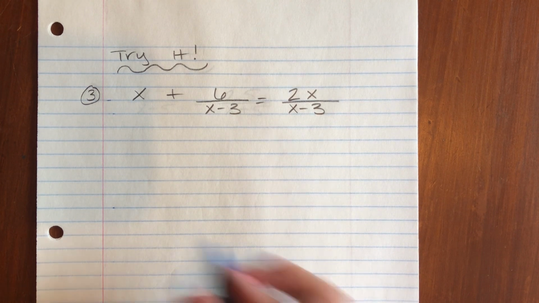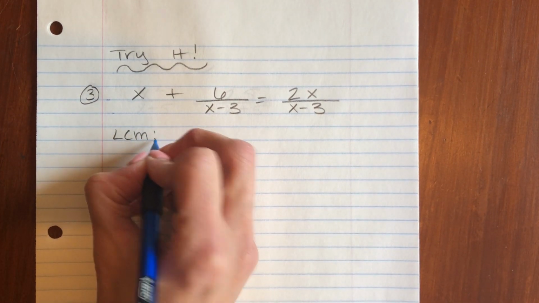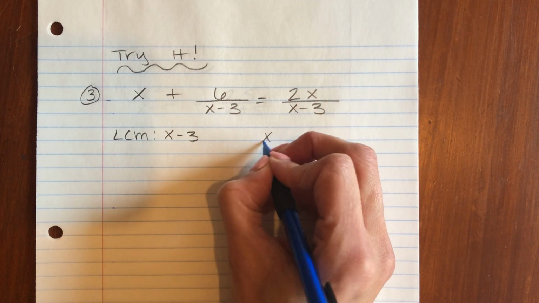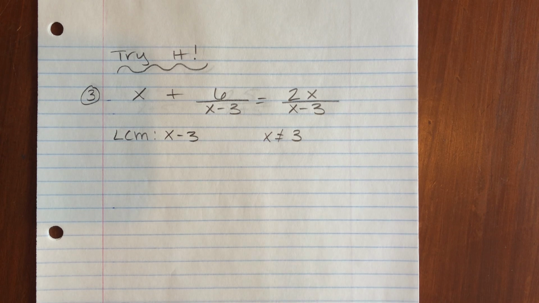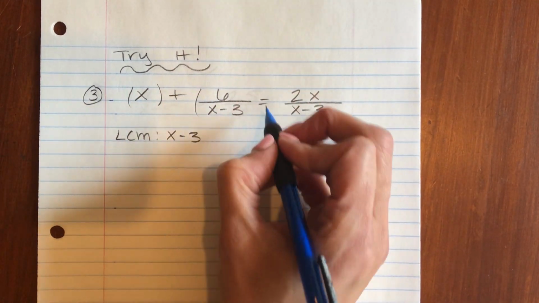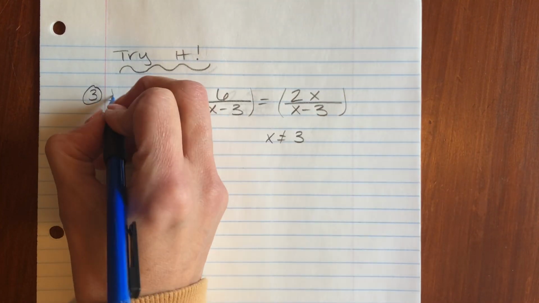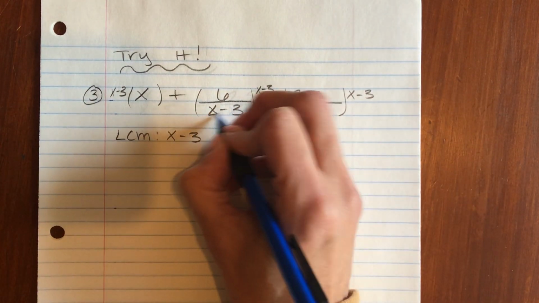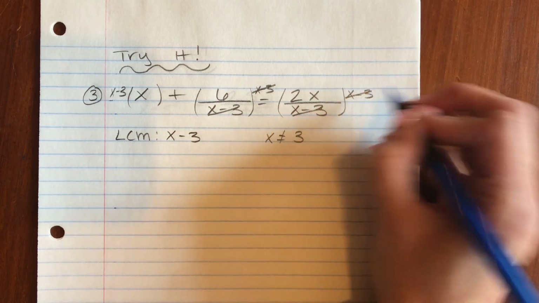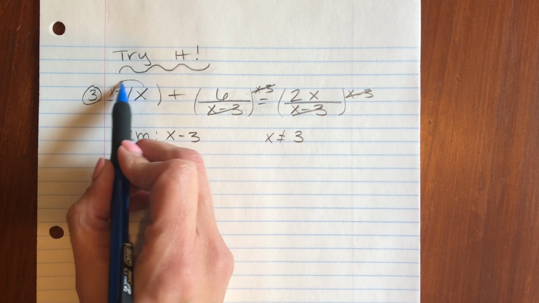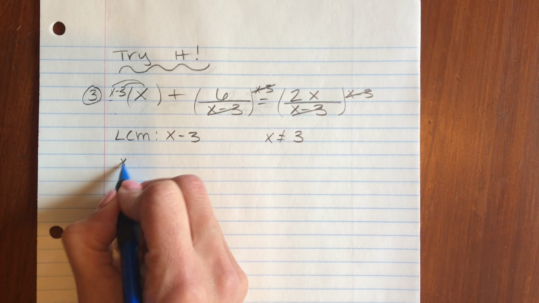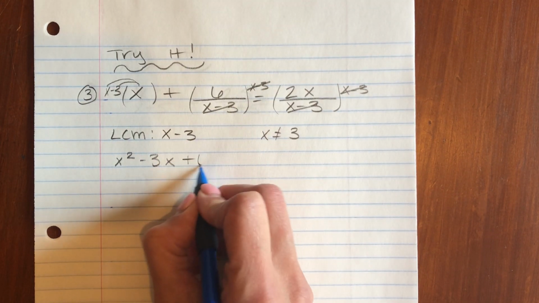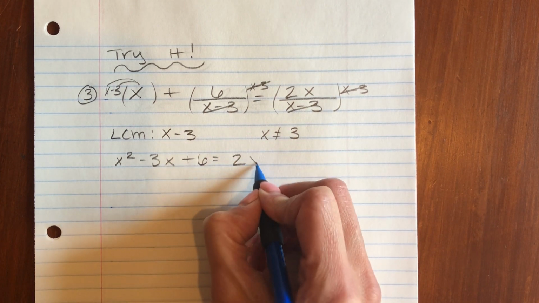All right, LCM. It's just x minus 3. X cannot be 3. Multiply everything by the x minus 3. Eliminate fractions and simplify. So I'm going to distribute that: x squared minus 3x plus 6 equals 2x.